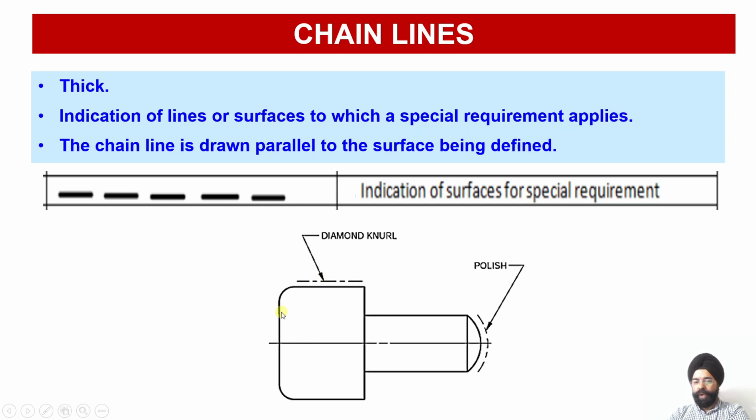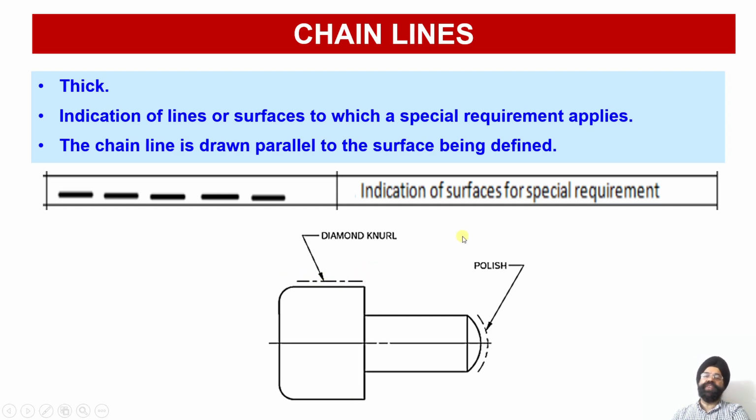Let us say you have this knob over here, and on the bolt head of any given knob we are going to provide the knurling operation. Knurling means to improve the grip. So this is a special operation. I want to show that this is my surface, and on this surface knurling has to be done.